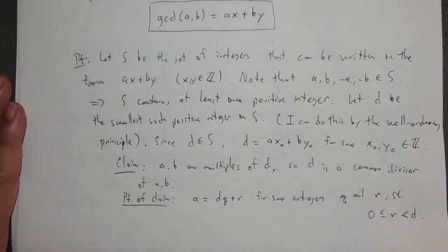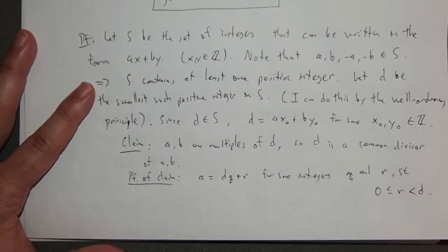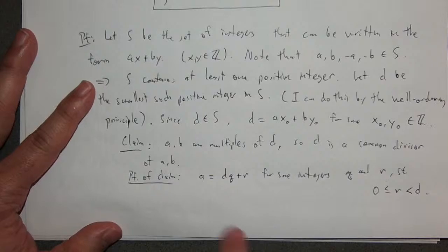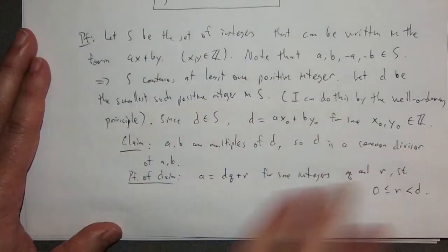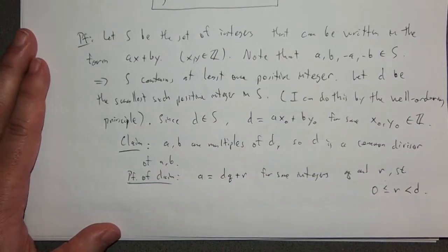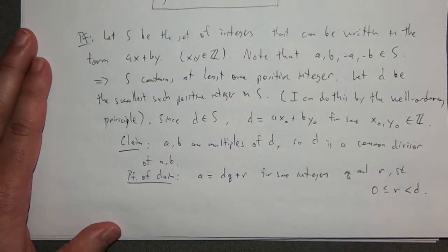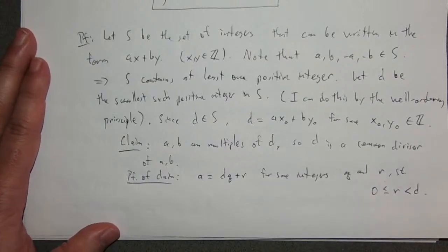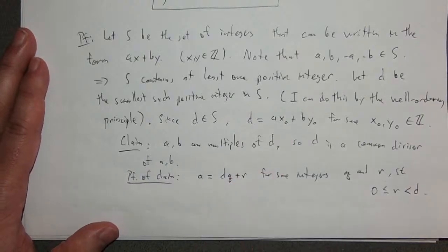Here's where this is going to come in. So if r is strictly less than d, why is that an issue? We've said that d is the smallest such positive integer that can be expressed as a linear combination. So then what trickery are we going to employ here? We clearly want to say that r is also some linear combination, and we can do that using this expression for r.